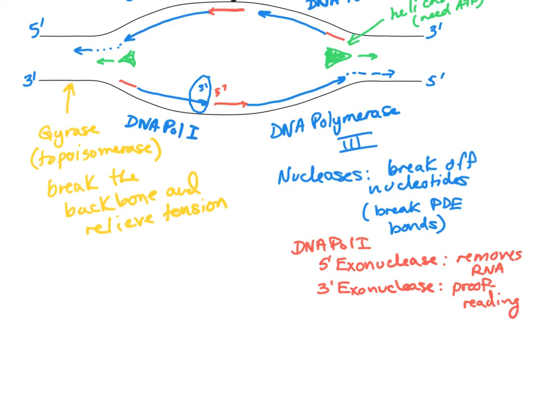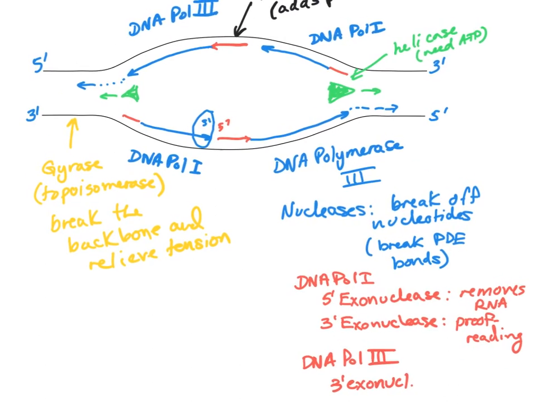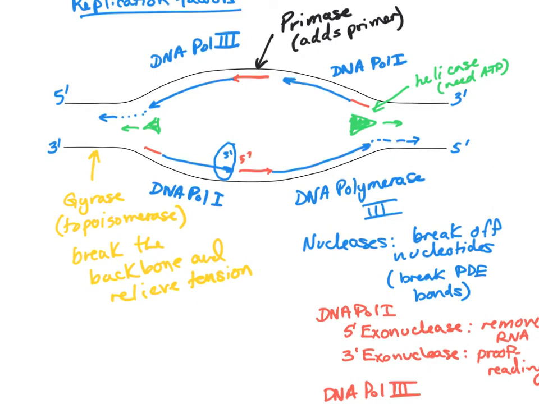Okay, it's also worth noting that DNA polymerase 3 has to do proofreading as well. So it has a 3' exonuclease activity for proofreading, same thing. Just imagine what we're saying there. I'll just show you again. As the DNA polymerase 3 is kicking along there, it needs to synthesize DNA in this direction, and it needs to back up and proofread in this direction.